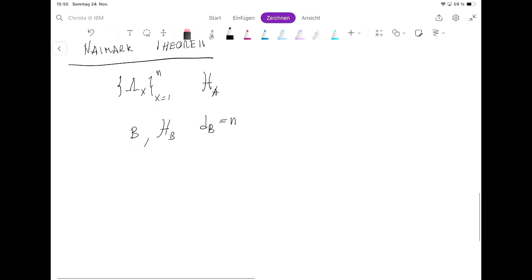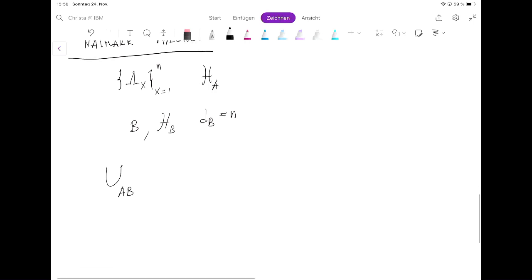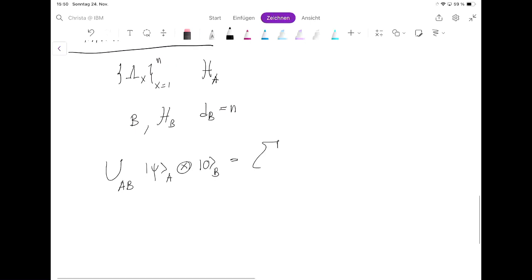And then you define a unitary operation on the coupled system AB as something that does this. For any state on the first system, A, and a single reference state on B, let's call it 0, what this unitary does is this.